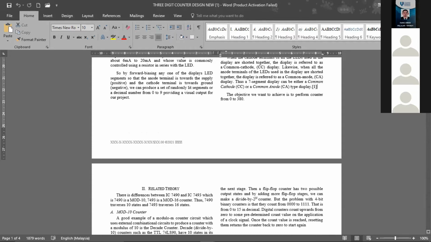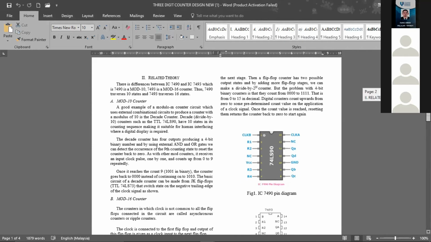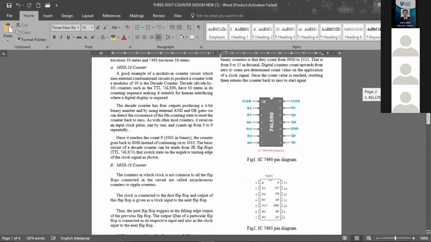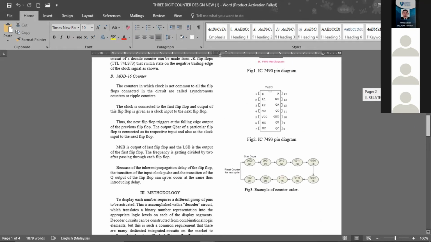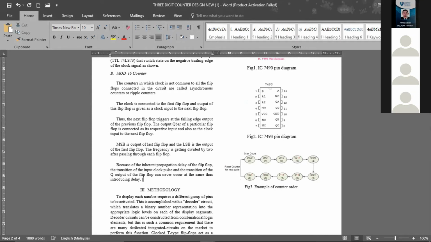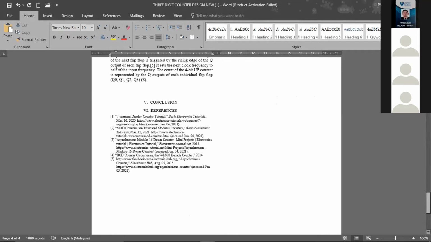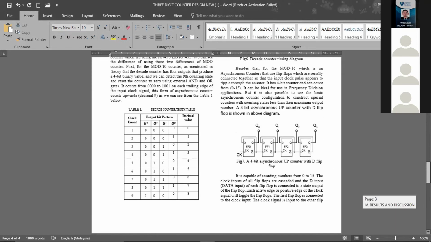Okay, here we can put it like this. So the synchronous mode, this electronic. Okay, anything else?